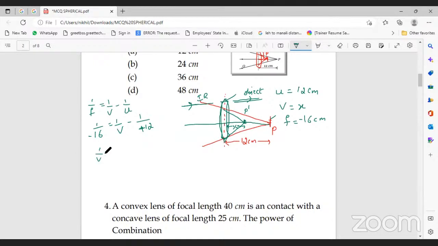So 1 by V equals 1 by 12 minus 1 by 16, right? If I shift this 1 by 12 to the LHS, it becomes plus 1 by 12.